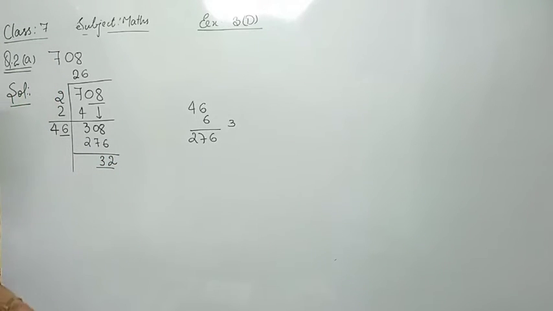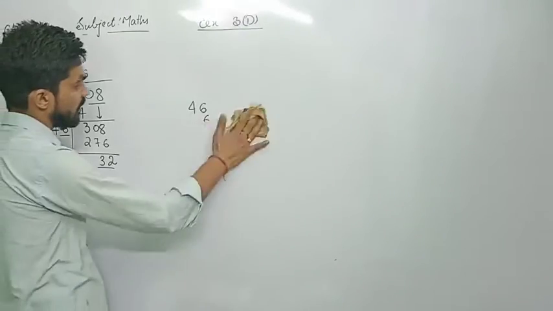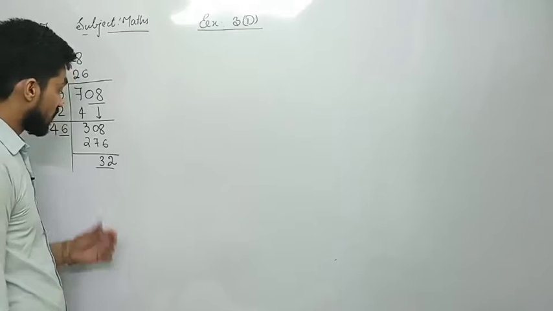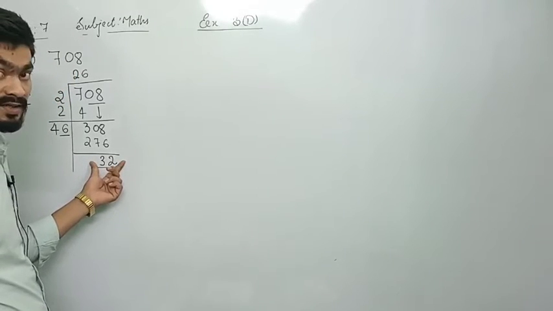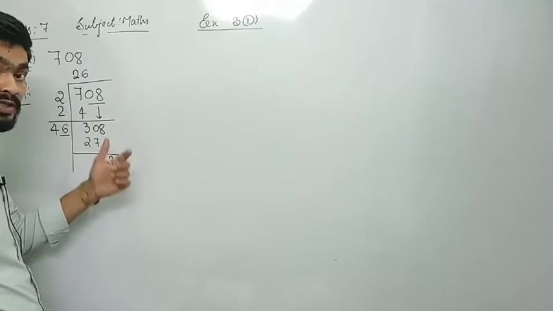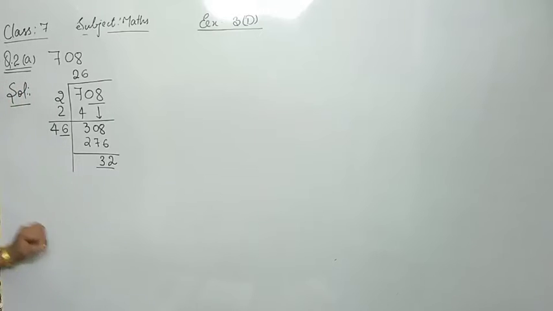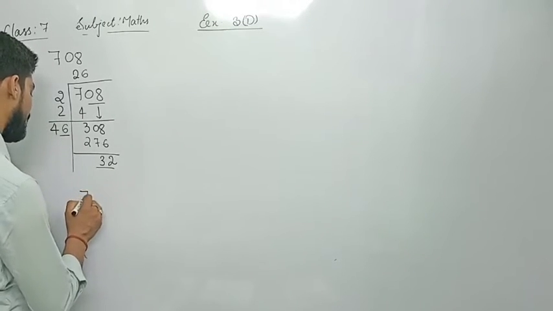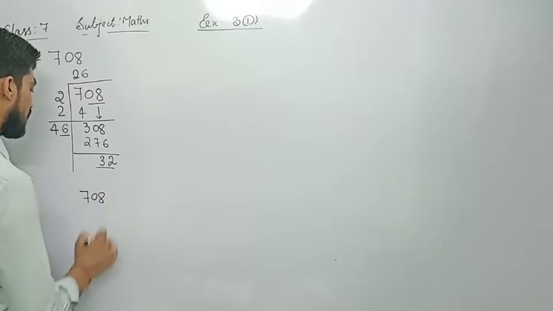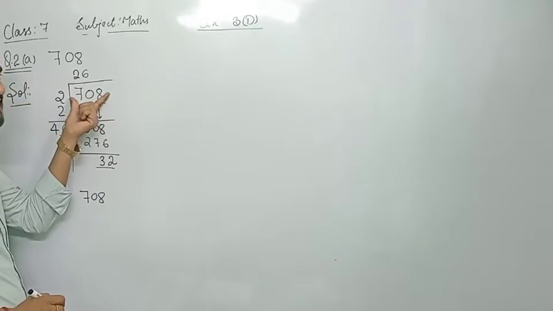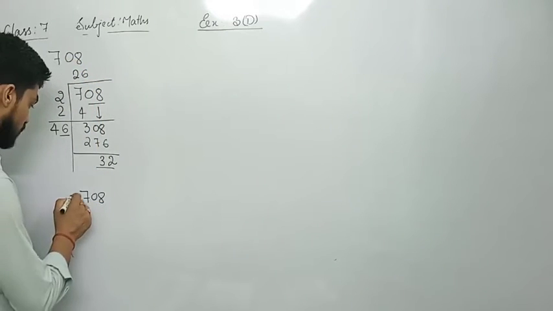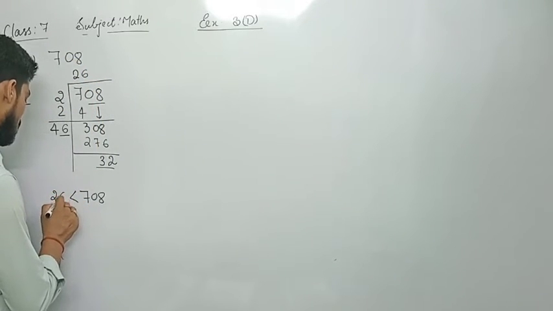My dear children, if the question would be to find the smallest number to be subtracted, we could easily subtract 32, but we cannot subtract 32, we have to add. My dear children, if I write 708, so 708 is greater than the square of 26. Do you agree or not?